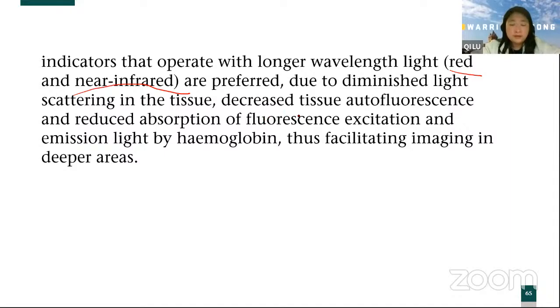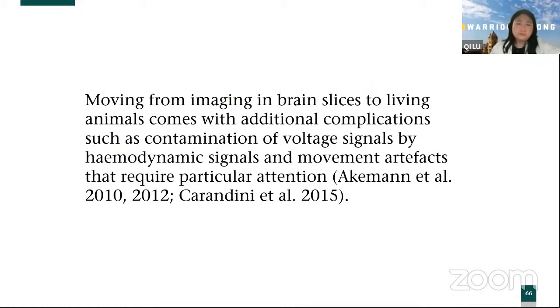but also by hemoglobin, and there's a dynamics change. Another important issue for this experiment is that moving from imaging in brain slices to live animals will increase the complications. We also know that for subthreshold voltage change, the fluorescent change will be only about 3% or 5%.